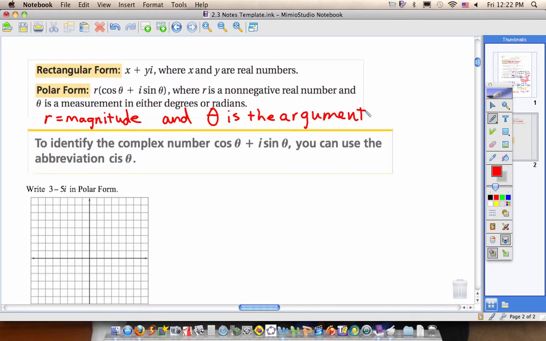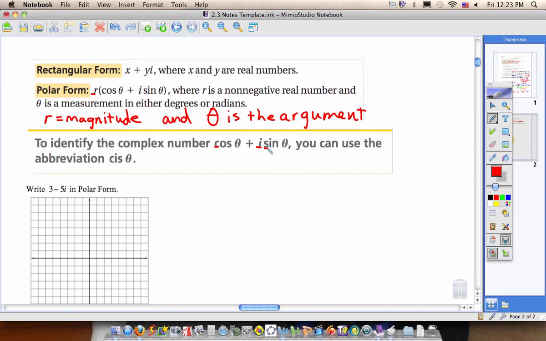And theta is the argument, or the number of degrees you have to turn counterclockwise. Also could be in radians. So the polar form looks like r, and then in parentheses cosine of your angle plus i sine of your angle, just like we had before on the last page.